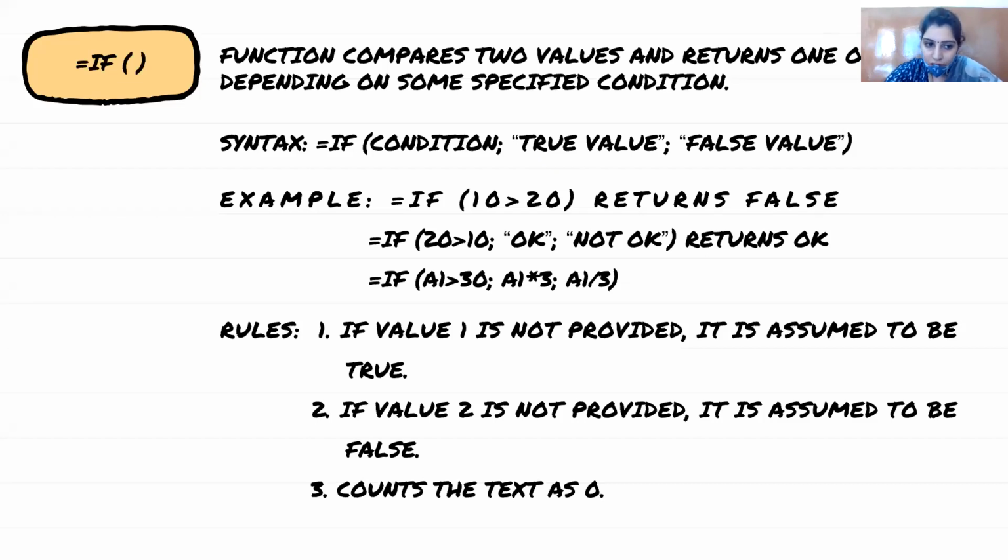Otherwise, अगर वो false है तो A1 should be divided by 3. For example, if A1 has the value 12, what will be the output? Hurry up, give me the outputs now. So it will be 12 divided by 3, that is equivalent to 4.